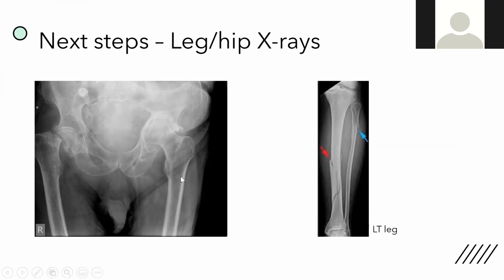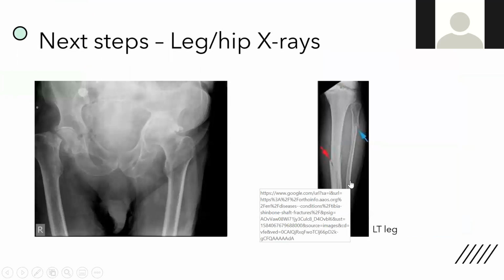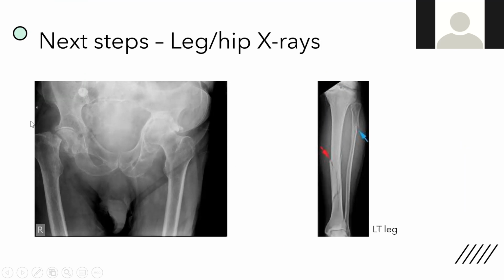Do you know what's going on in both of these? So I'll go through the hip x-ray, but as you can see in the left leg, there's a fracture in the tibia.